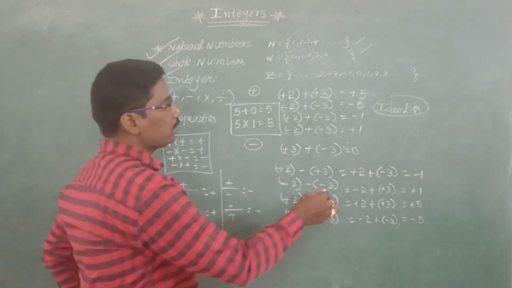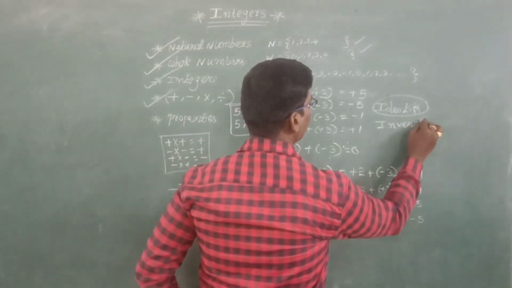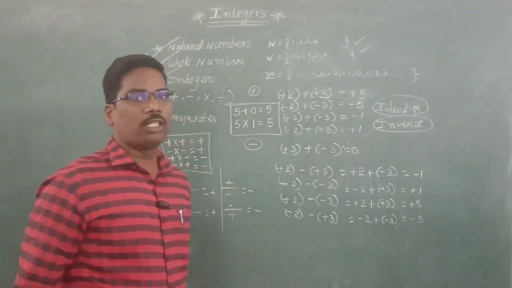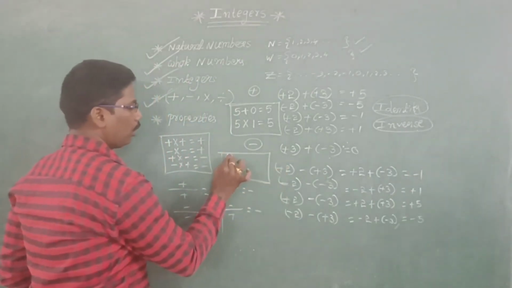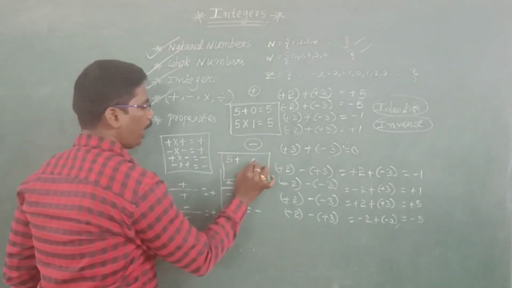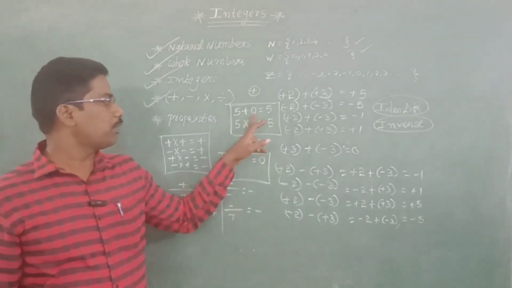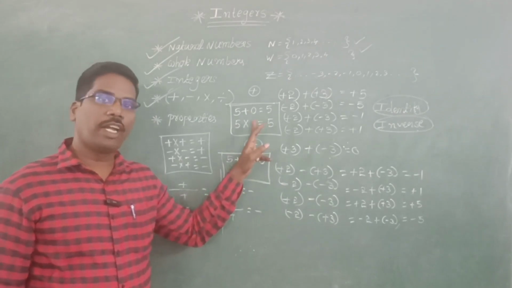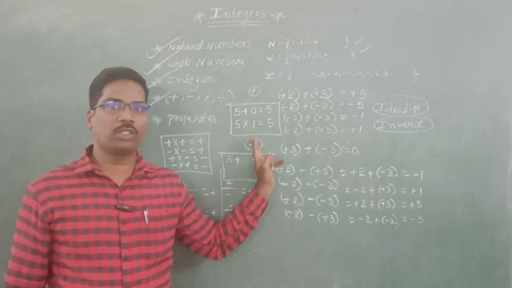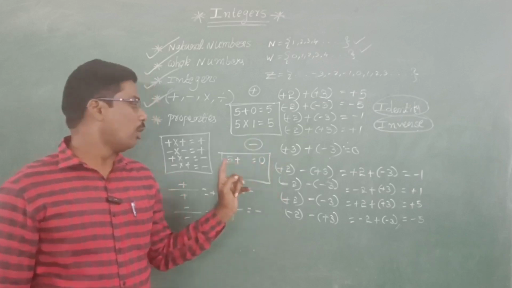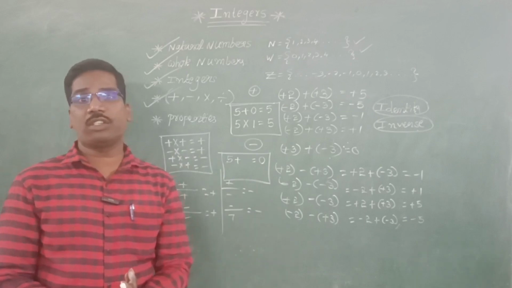Next, inverse element. Inverse law. What is inverse law? See, in this box I will say inverse. What if I add and I get the identity element 0? That means this is inverse to this one. Now for the element 5, what if I add to get 0?